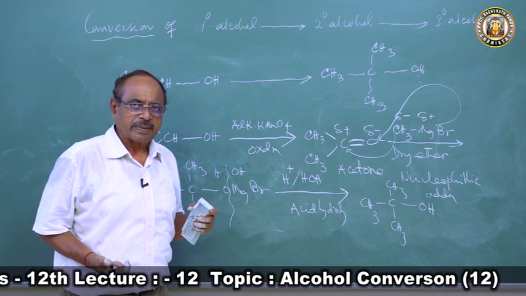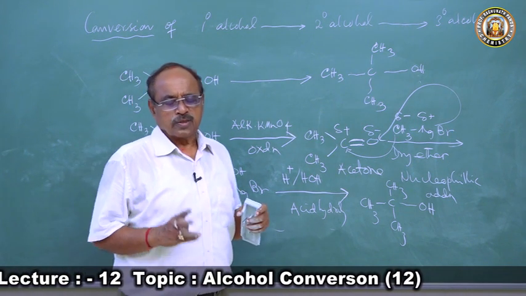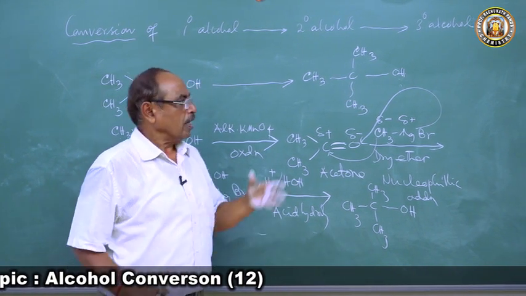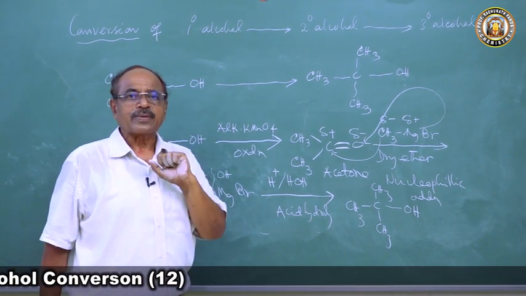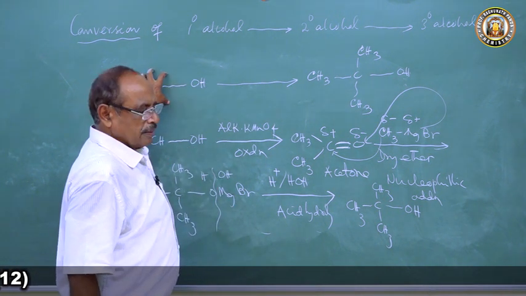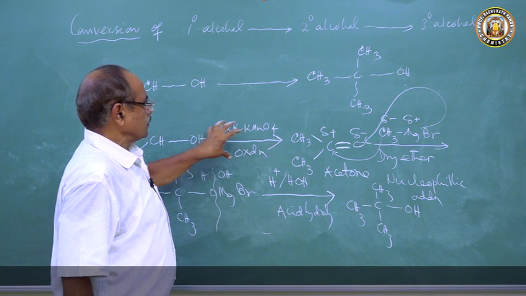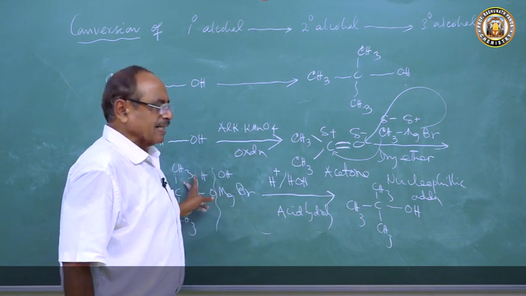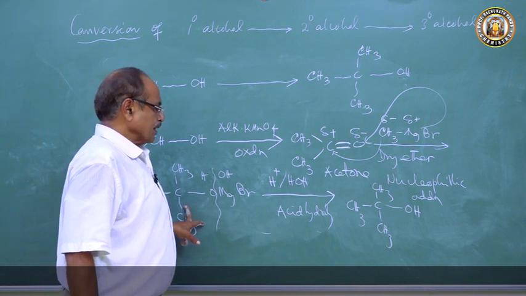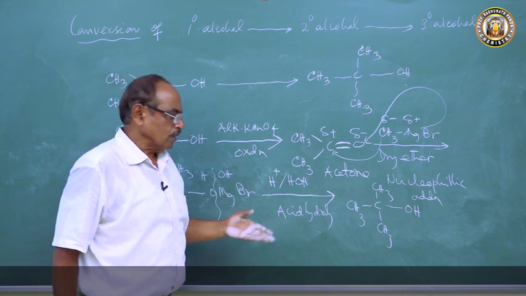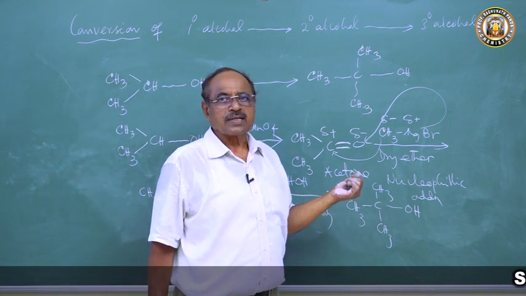So this is an important topic for a student of 12th class. You may get this as a question for 3 marks or 2 marks, or suppose you get a question in entrance exam: organic compound A when treated with alkaline KMnO4 formed B, which on treatment with Grignard reagent formed C. C upon hydrolysis formed D. D has molecular formula C4H10O.